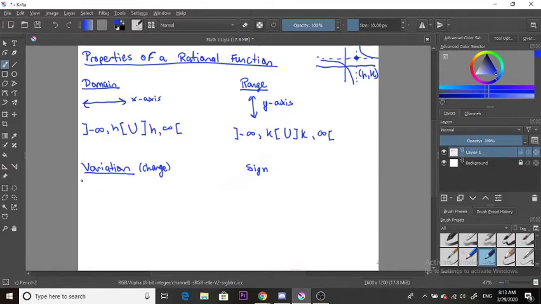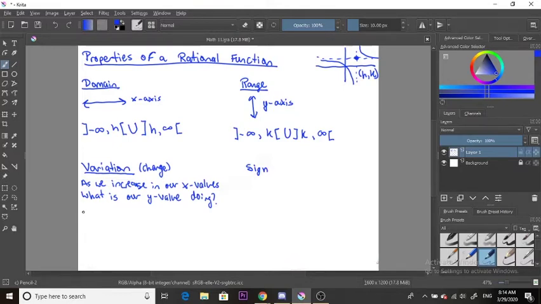So as we increase in our x values, what is our y value doing? So what is the change in our y?